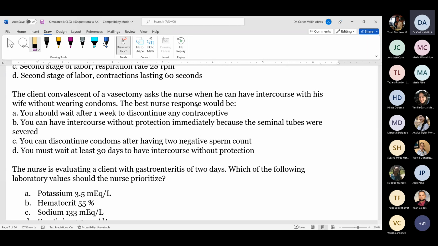The best nurse response would be: A, you should wait 1 week to discontinue any contraceptive. B, you can have intercourse without protection immediately because the seminal tubes were severed. C, you can discontinue condoms after having 2 negative sperm counts. D, you must wait at least 30 days to have intercourse without protection. What is your answer in this question?